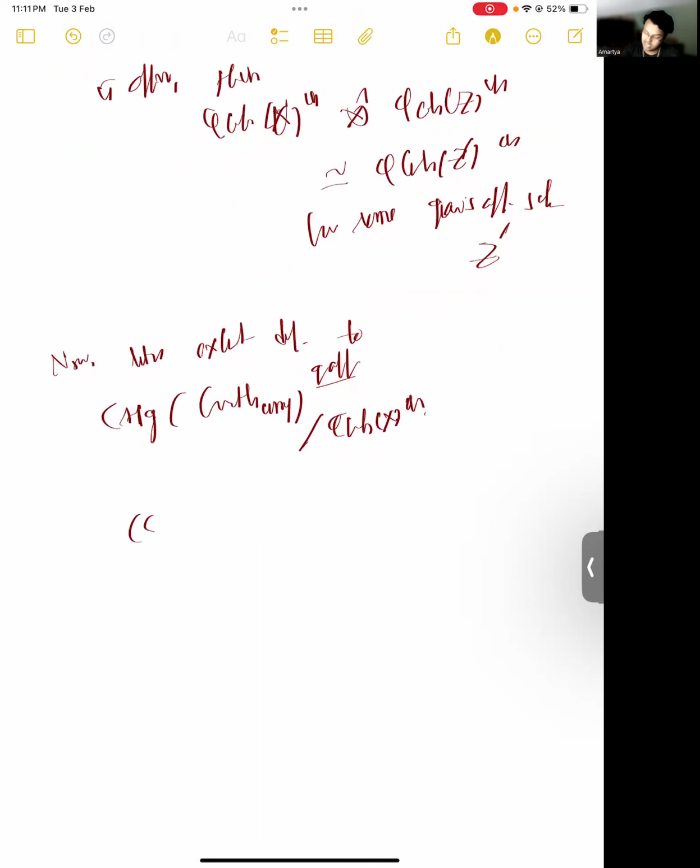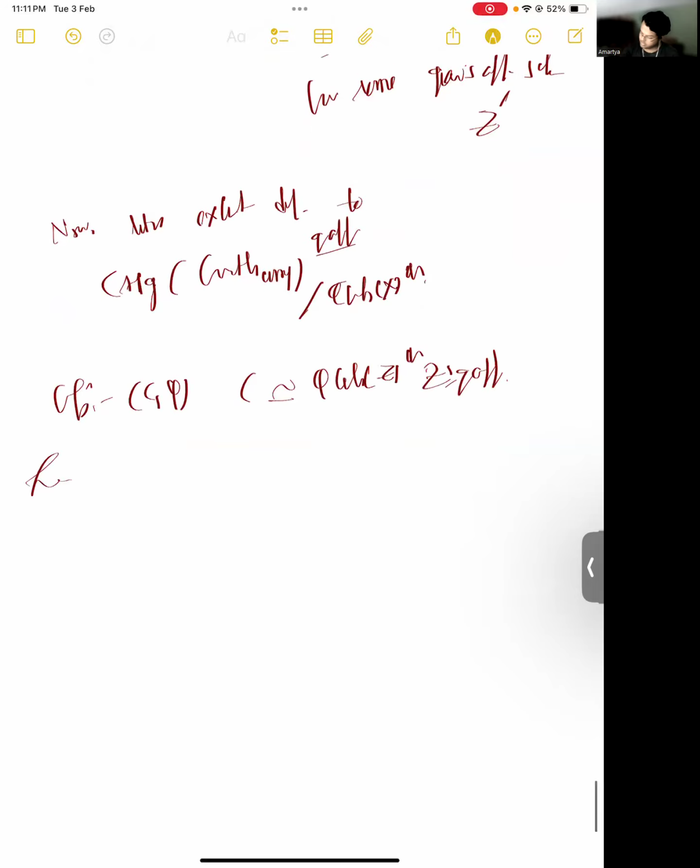So the objects are like C, where C is just QCoh Z, and where Z is quasi-affine. Right. Now the lemma is psi X is an equivalence. So let's see a proof sketch.